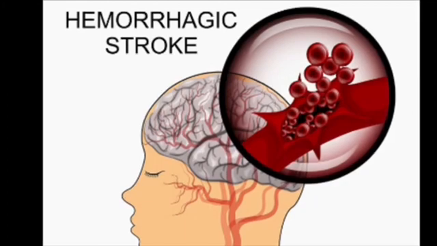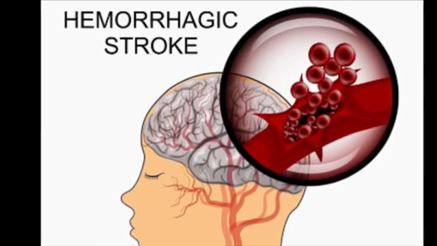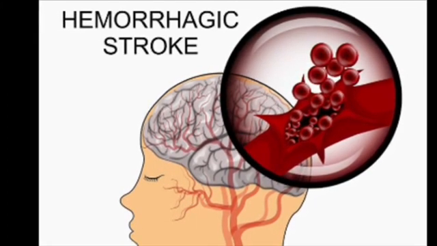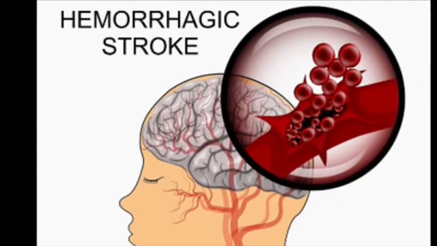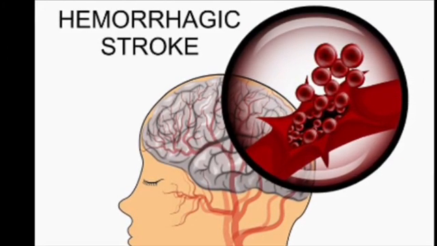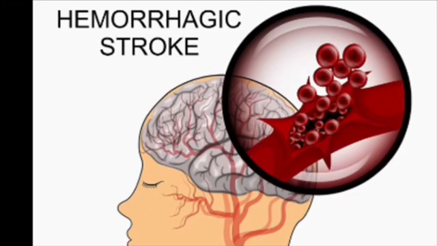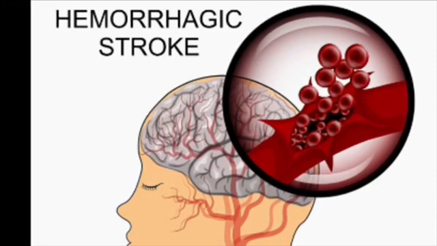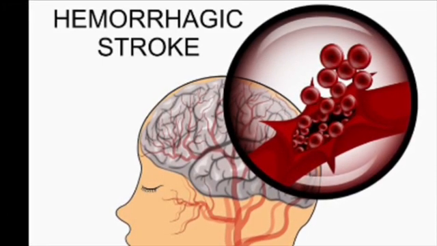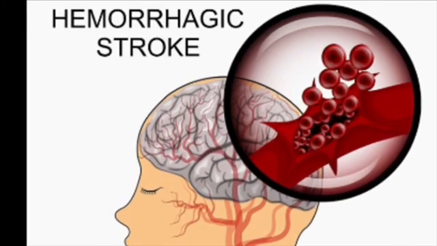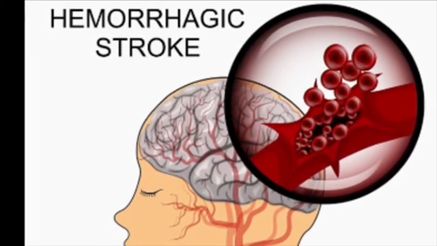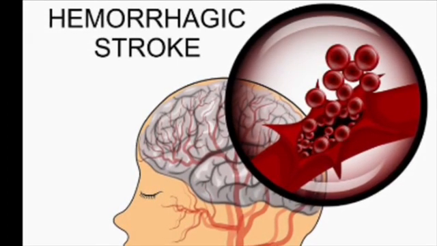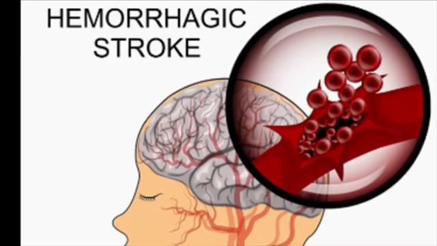Actually, 15% of strokes are due to bleeding in or around the brain, which are the hemorrhagic strokes. What you can see in the picture here is a bleeding because of a burst in the blood vessel, which causes bleeding around this area in the brain, which prevents the brain from functioning properly.